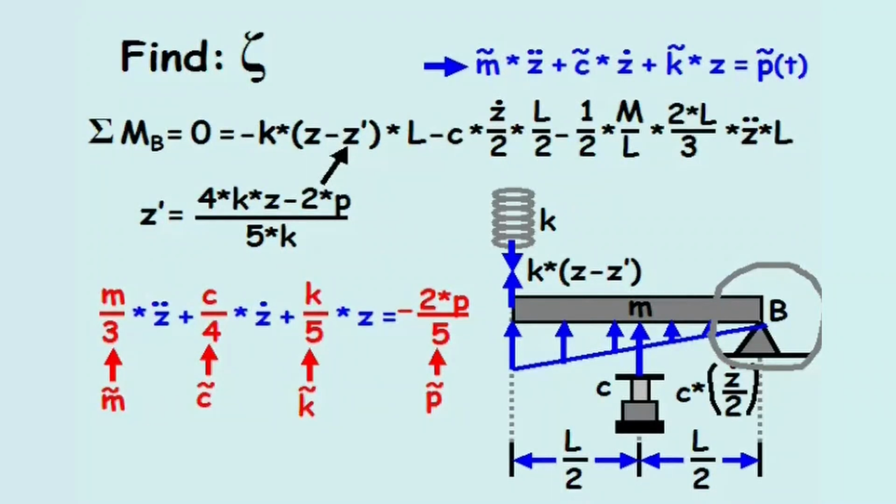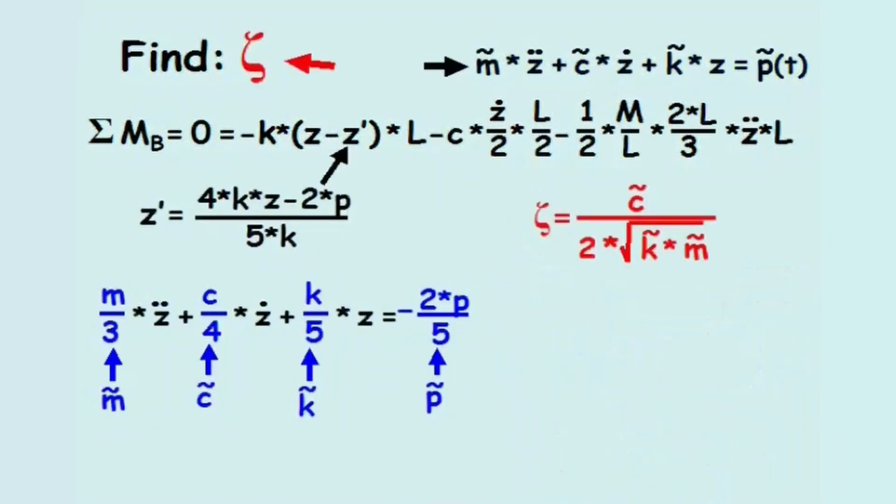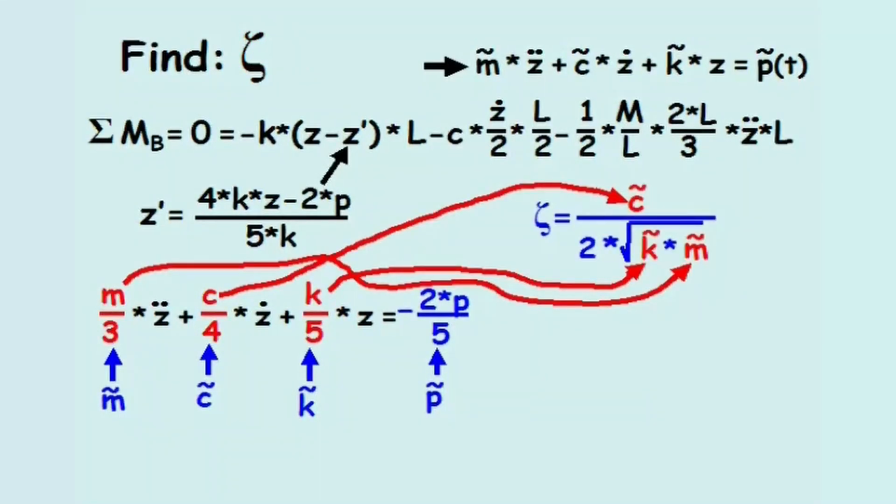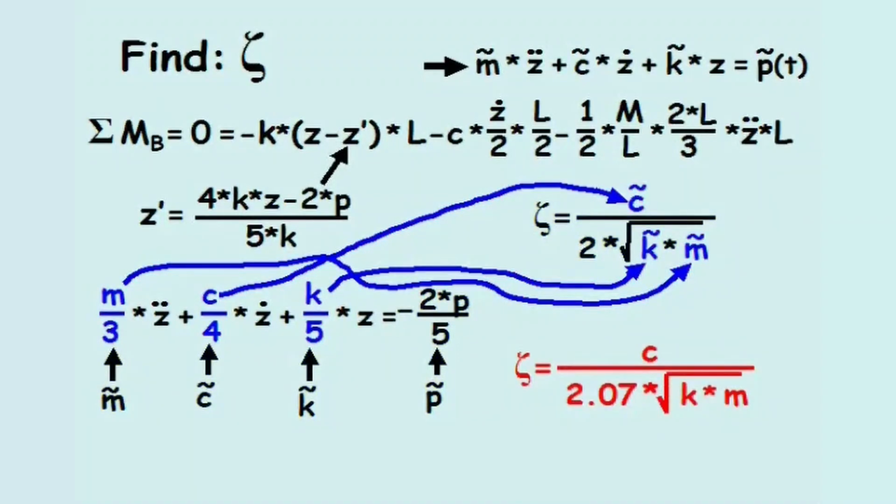The problem asks to solve for the damping ratio. Now we can develop an equation for the damping ratio by plugging in the generalized values of mass, stiffness, and damping coefficient. The damping ratio equals a function of the actual mass, stiffness, and damping coefficient.